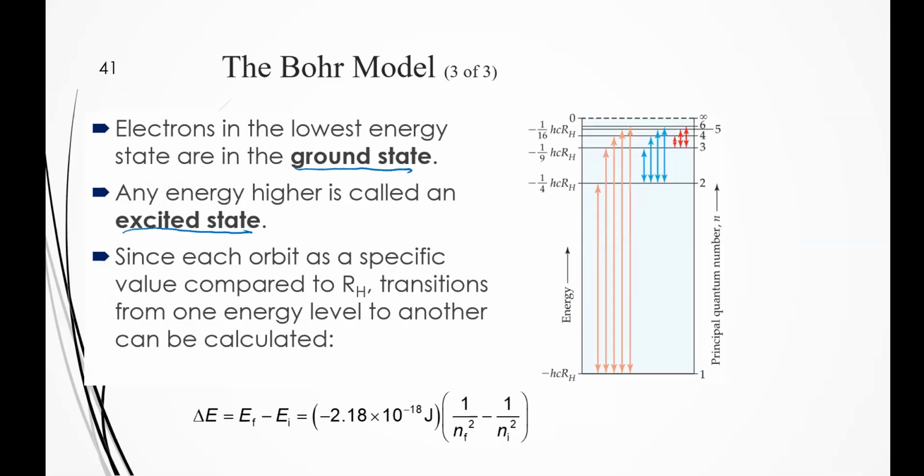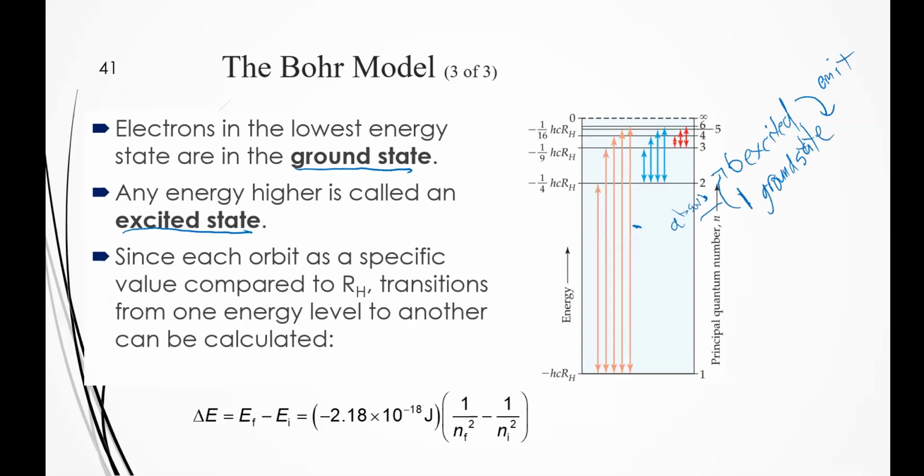So when we look at these transitions, this transition right here of this line is moving from an excited state of 6 to a ground state of 1. Now, if it goes 6 to 1, it's going to emit a photon. And if it goes from 1 to 6, it's going to absorb.